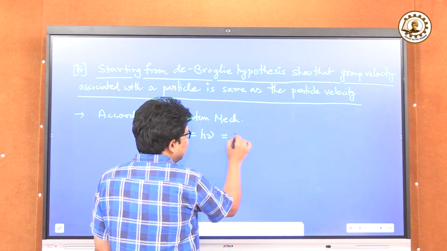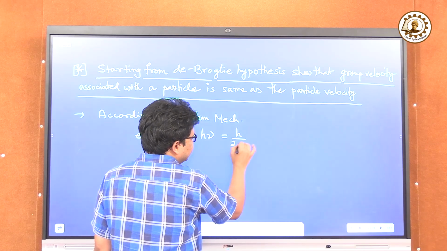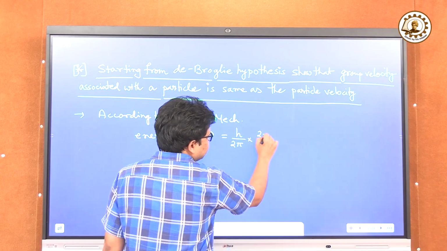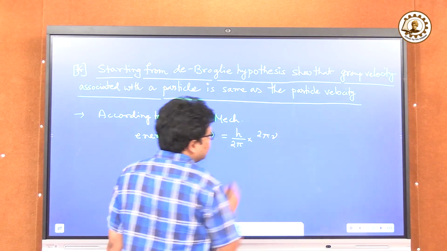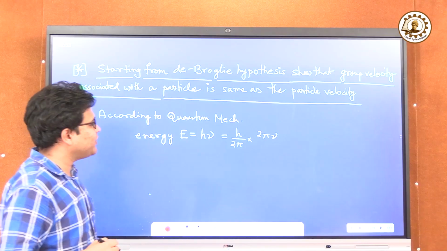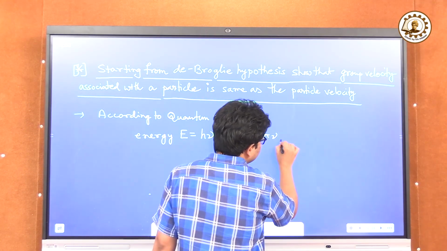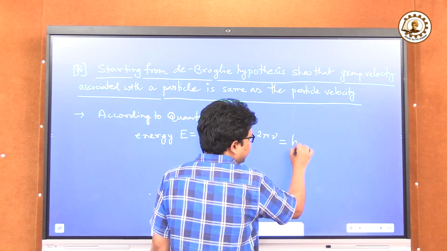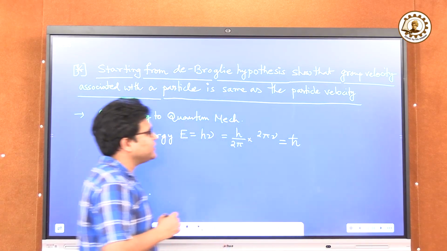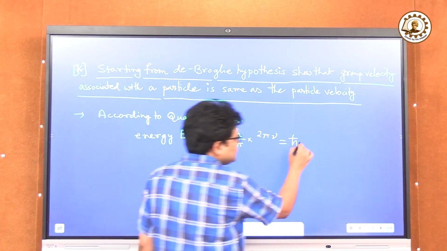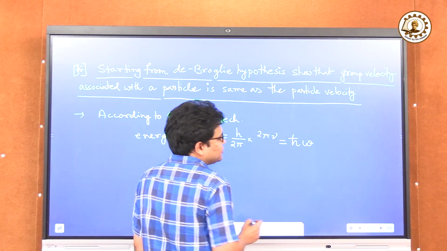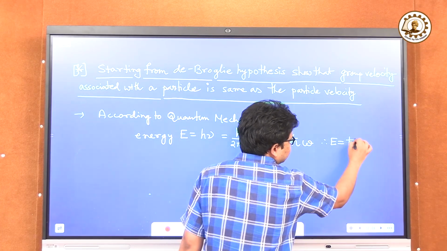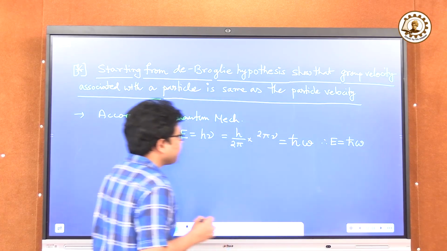If I multiply and divide the right hand side by 2 pi, then what do you get? We have h by 2 pi into 2 pi nu. So it results in h by 2 pi, which I am writing as h cut, the reduced Planck's constant, and 2 pi nu, the angular frequency. Therefore, the expression for energy becomes E equals h cut omega.